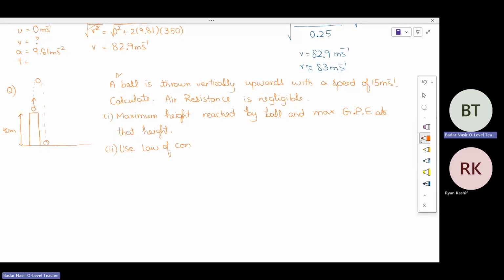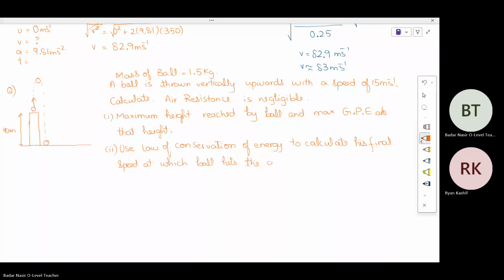The mass of the ball is 1.5 kg. So use the law of conservation of energy to calculate the final speed at which the ball hits the ground.